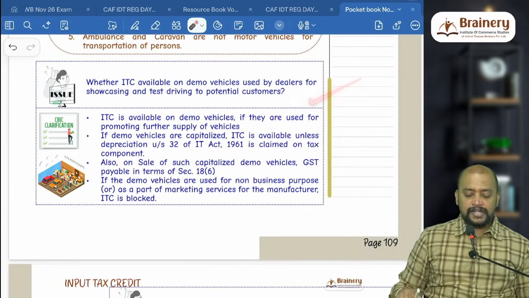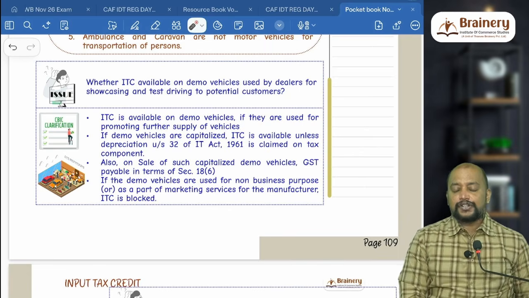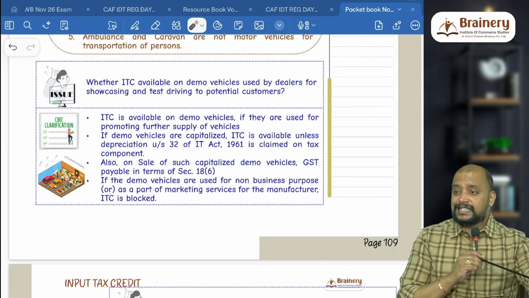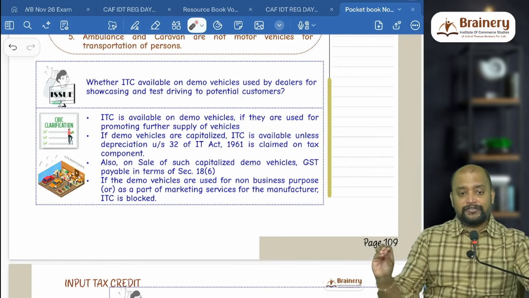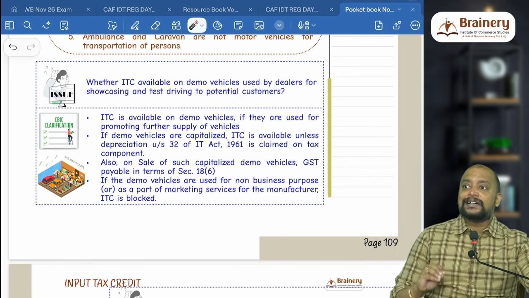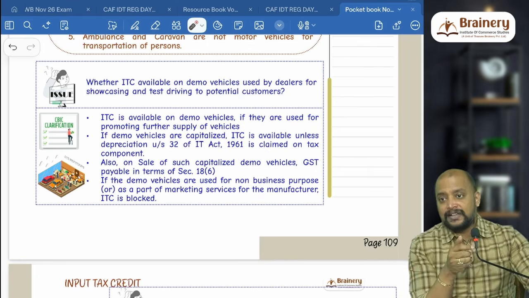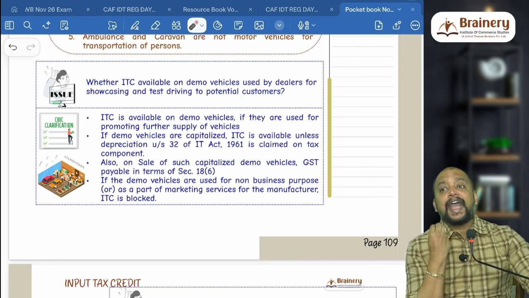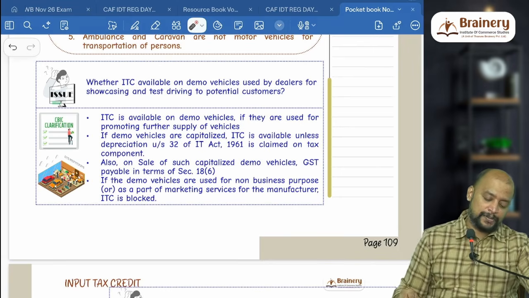Now there is one circular on whether ITC is available on demo vehicles used by dealers for showcasing and test driving to potential customers. Yes, ITC is available because it will facilitate the further supply of goods, but here we need to remember the depreciation, because this is an asset, not inventory, as this is a demo vehicle, and we need to capitalize it at value excluding the GST for depreciation purposes.